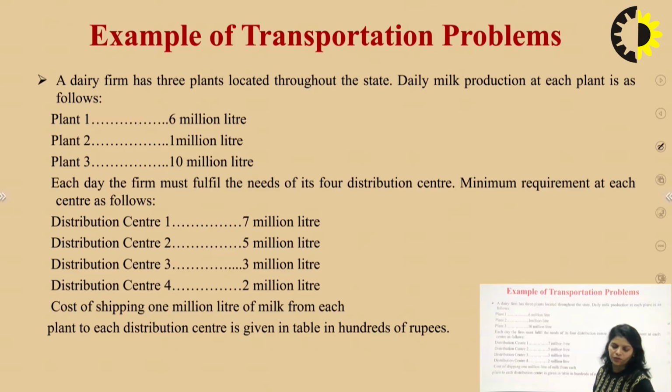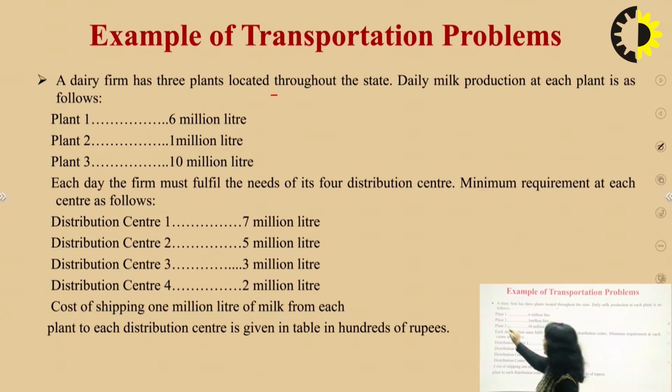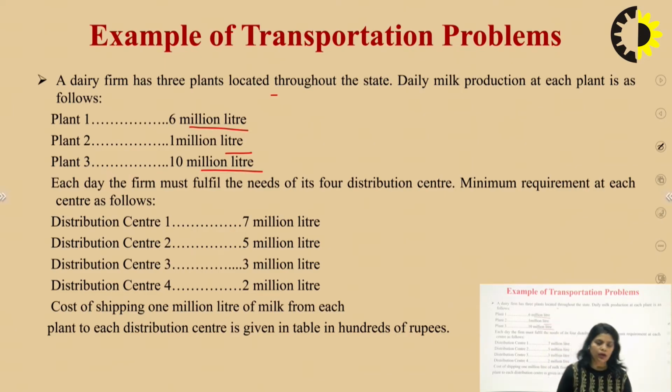Now we have taken one example. In this example, we will see what is given. A dairy farm has 3 plants located throughout the state. The daily milk production at each plant is as follows: plant 1, 6 million liters, plant 2, 1 million liter, and plant 3, 10 million liters. So there are 3 plants, and the supply or production available with plants 1, 2, and 3 is given.